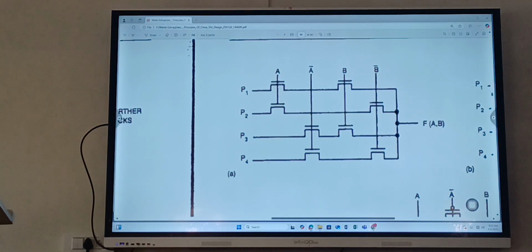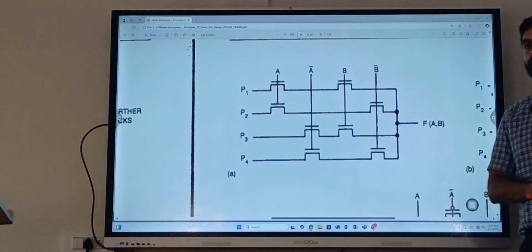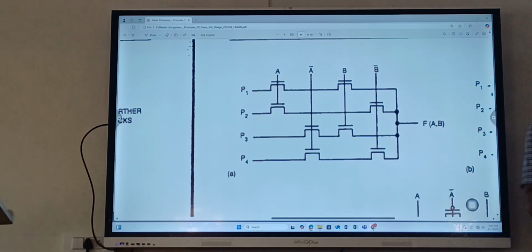So now A and B are 0, 0. Which input will reach the output?